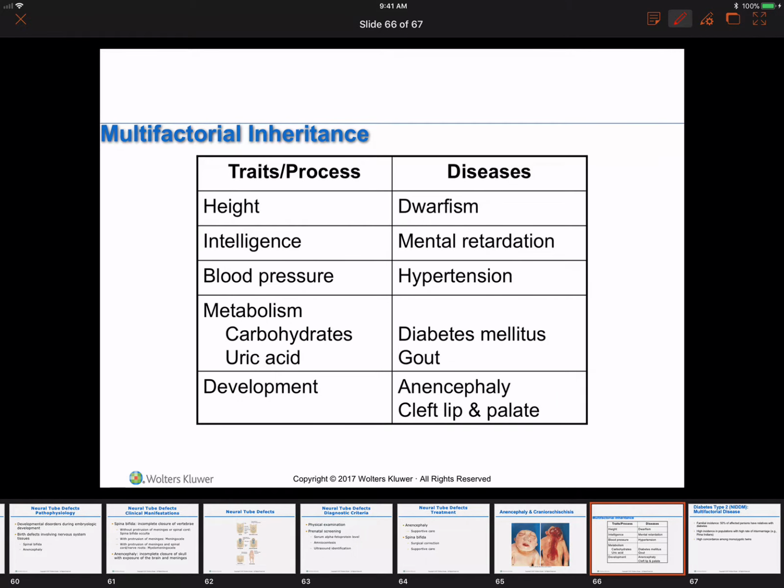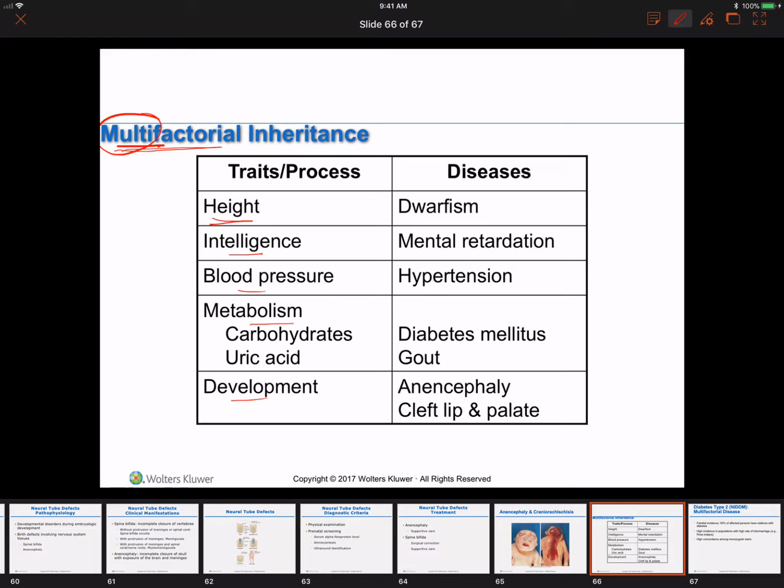All right, the last topic, which is a low-yield topic, is multifactorial inheritance. As the name suggests, it involves the interplay between multiple factors. Traits that usually follow this mode of inheritance include things like height, intelligence, blood pressure, metabolism, and development.